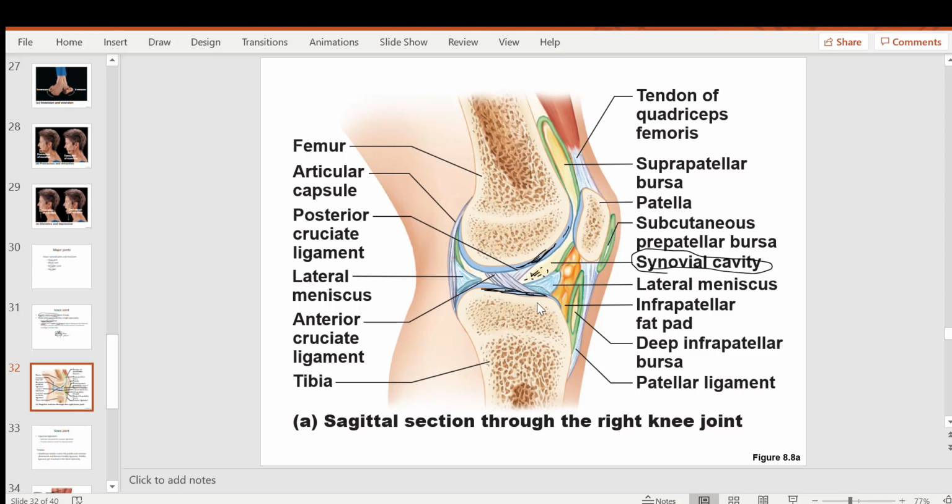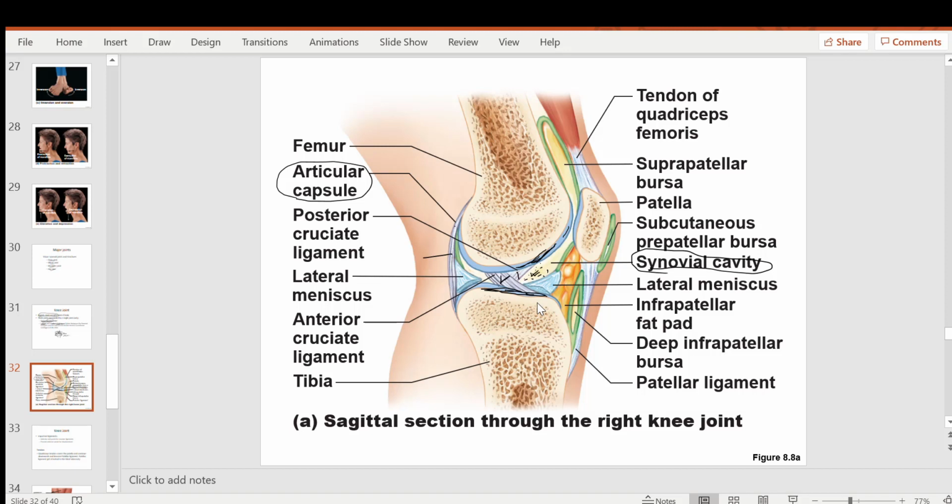So this cavity is filled with fluid, and then you have capsule. Synovial joint must have a capsule around, and capsule has two layers. You know that, outer fibrous, inner synovial membrane.